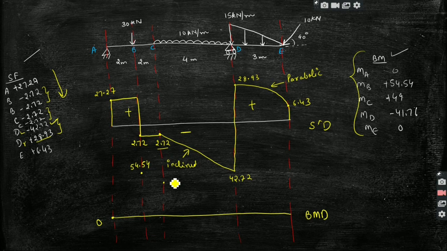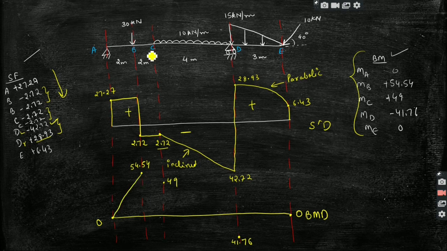At D it was minus 41.76, so below the line, and at E it was 0, right? So now we will join these. As between A to B we have only a point load which is 30 kN, we will join it with the help of an inclined line, right?